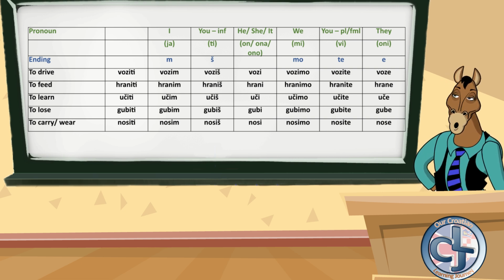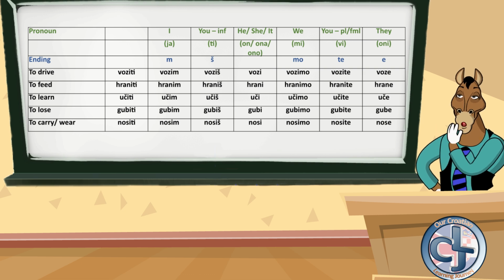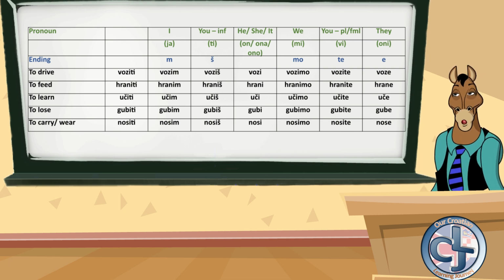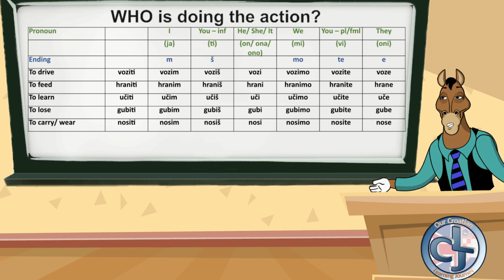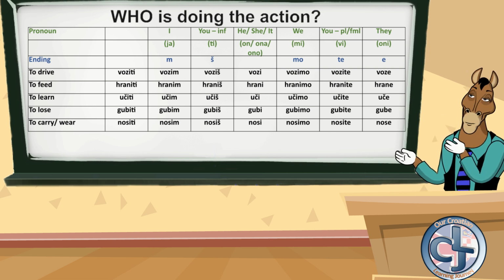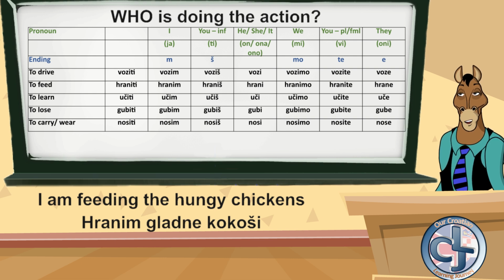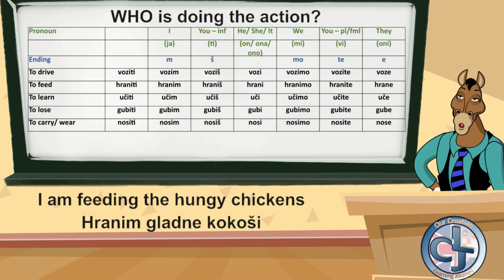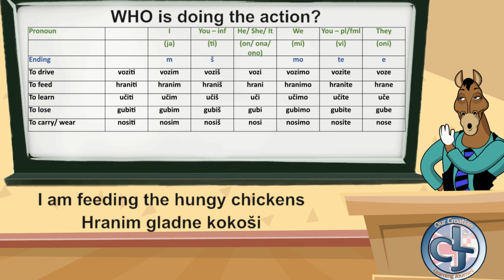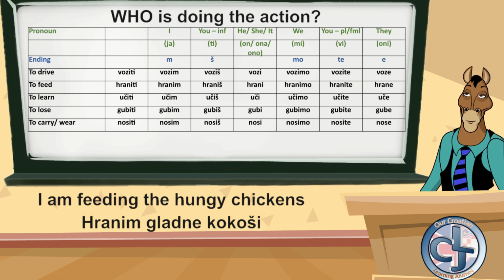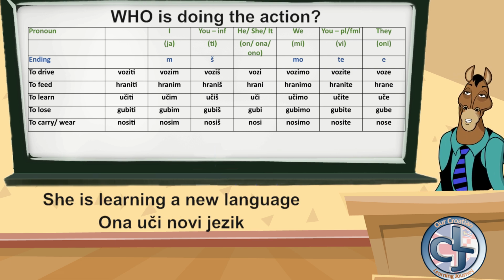Let's look at some examples using the accusative case, subject, verb, object order, and paying attention to who is doing the action. I am feeding the hungry chickens. Hranim gladne kokoši. She is learning a new language.